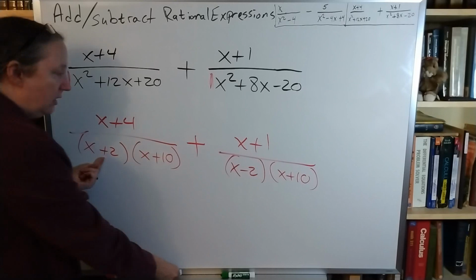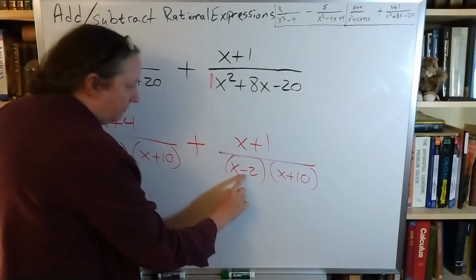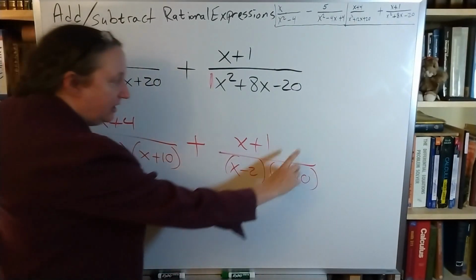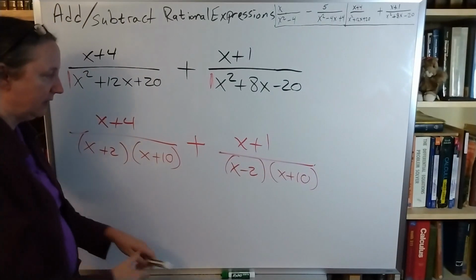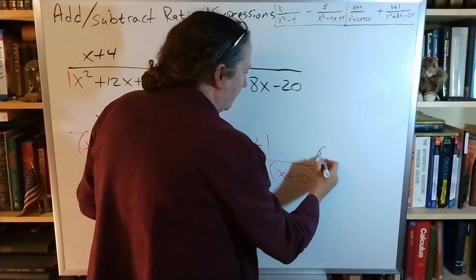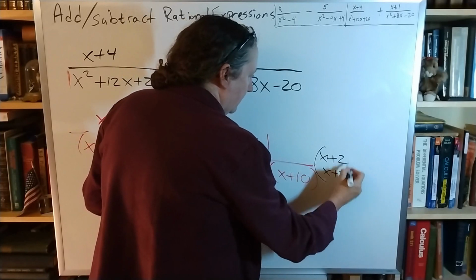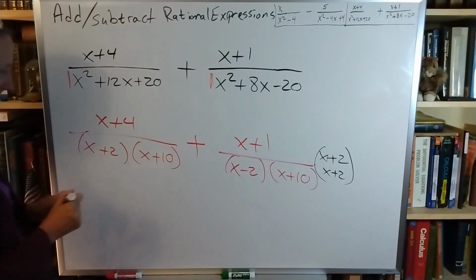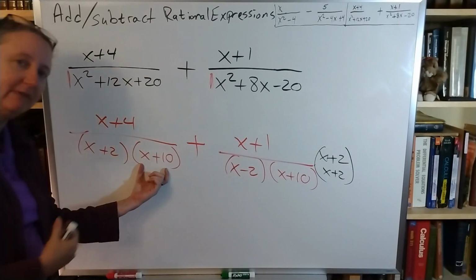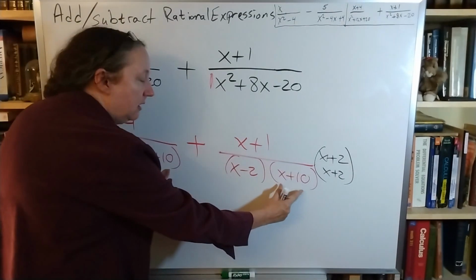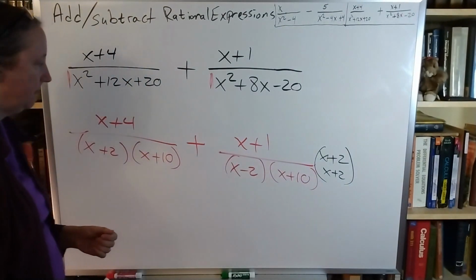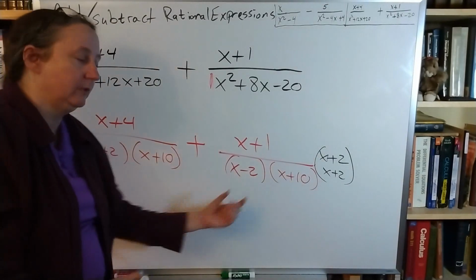x plus 2, do I have an x plus 2 over here? No, that's a minus. So I need to multiply x plus 2 over there. x plus 10, do I have an x plus 10 over there? Yeah, that's already taken care of. x minus 2.